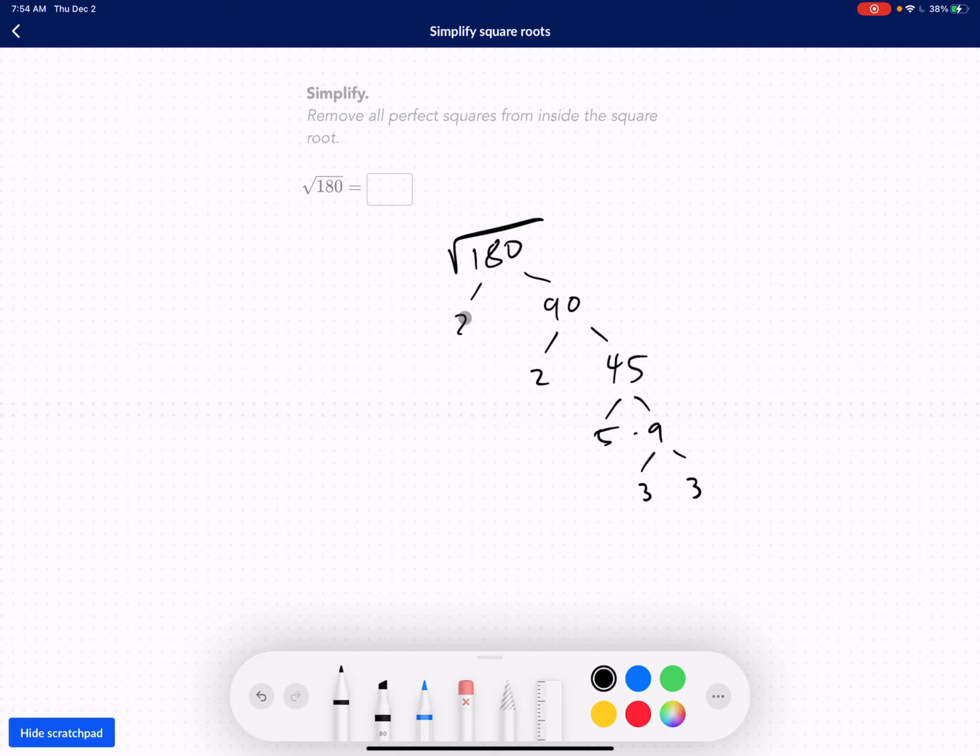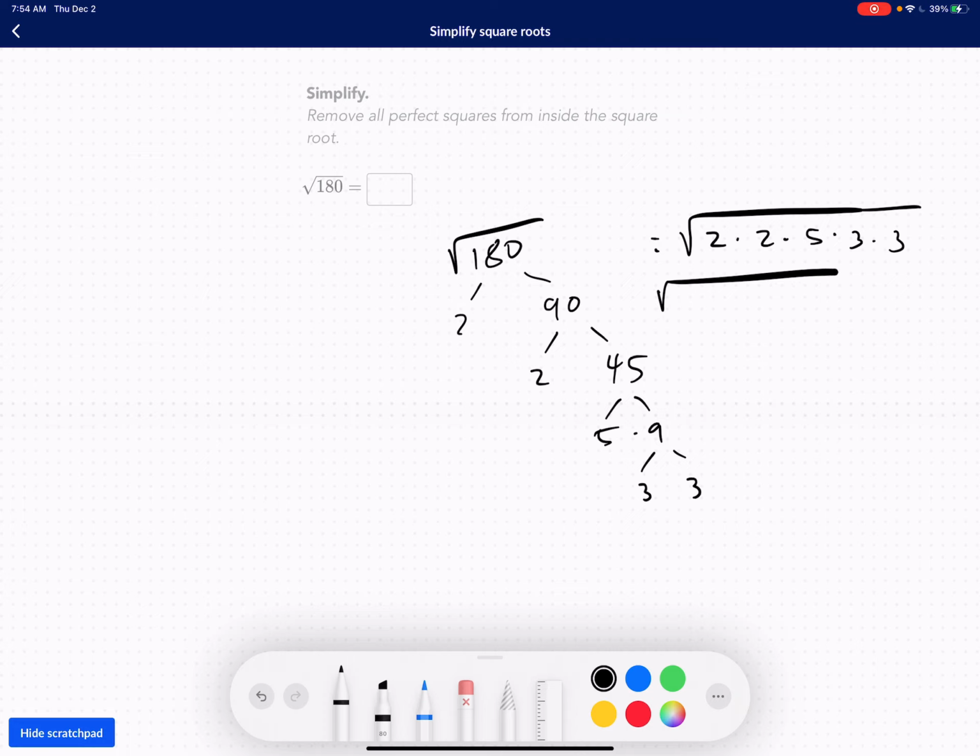Okay, so if you do 2 times 2 times 5 times 3 times 3, it's going to come out to 180. So 2 times 2 is 4, 4 times 5 is 20, 20 times 3 is 60, 60 times 3 is 180. Voila.